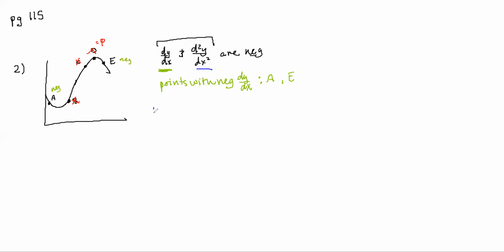So now we're looking at the rate of change of the rate of change. So there is going to be a first derivative, and that first derivative will be becoming more negative, right?